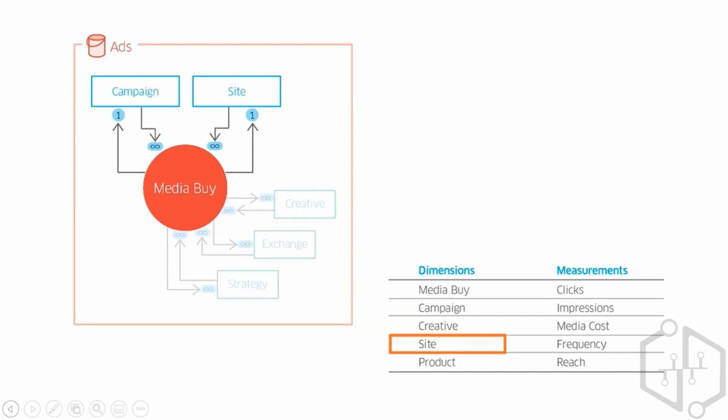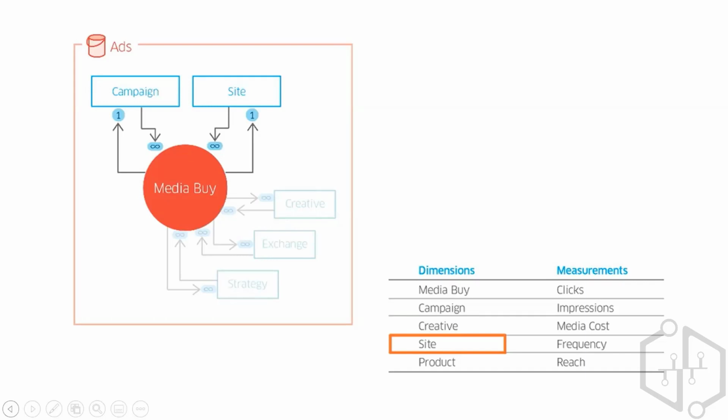Now, Times of India being the publisher website is renting out all these placeholders, right? So it has multiple placements on its page where Kia is going to run its creative. So Times of India is the site and media buy is the placement, the placeholders.